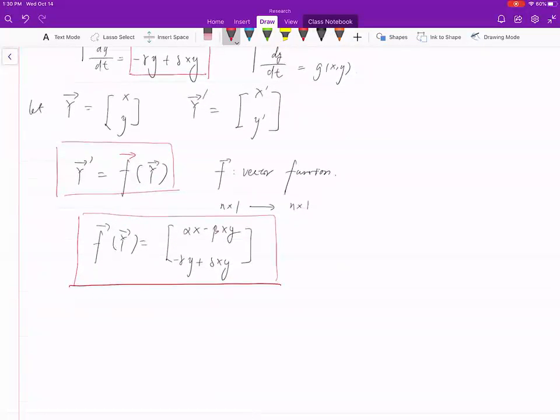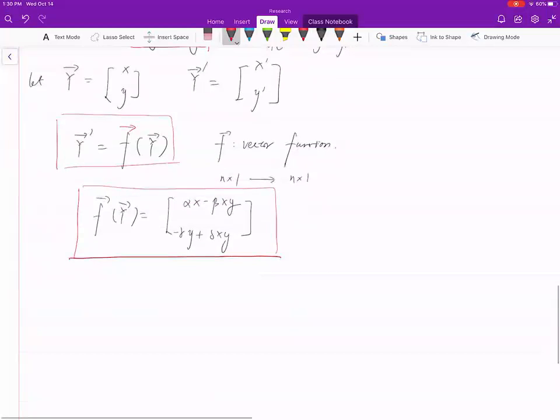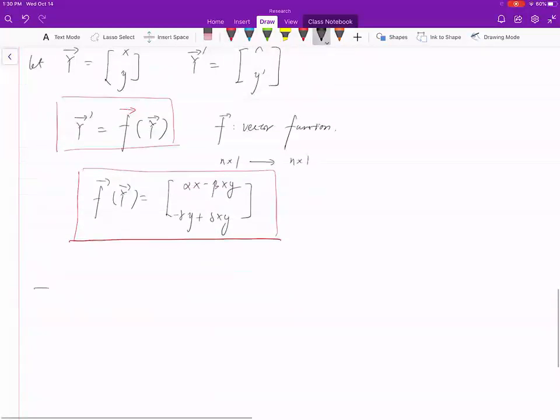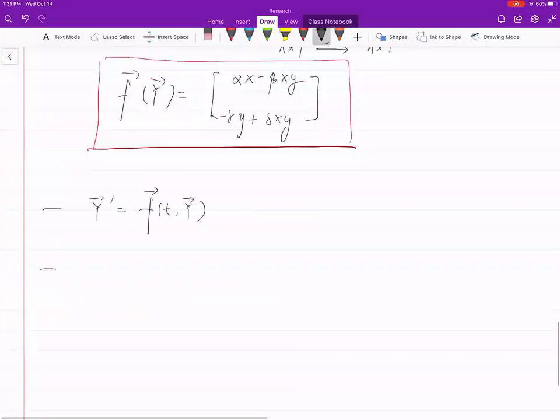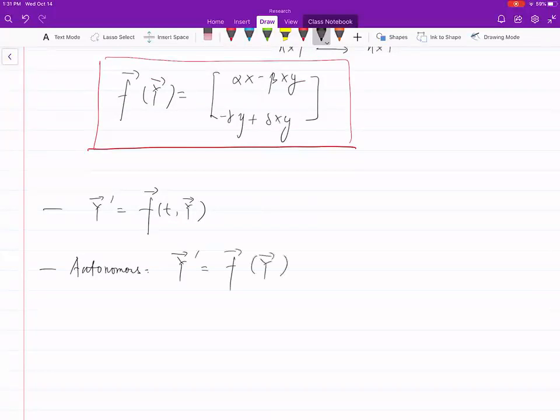Sounds good. That's a nice way of writing stuff. Now let's try to say several things. Number one, the general format, of course, is y prime equals f(t, y). That's the general format. Autonomous: y prime equals f, no t, just y.